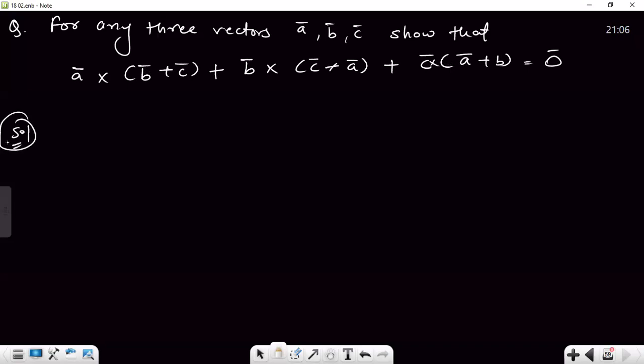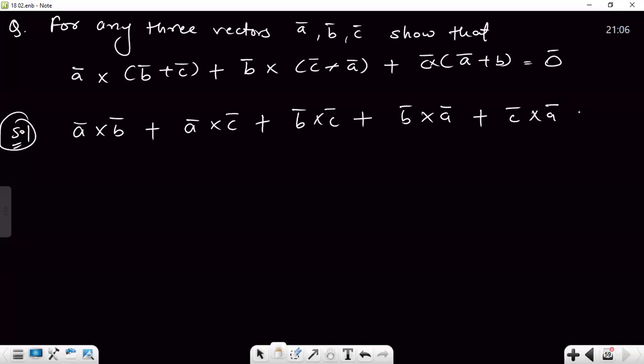We have to prove this. Okay. So we know distributive and associative property. We'll use it. A cross B plus A cross C plus B cross C plus B cross A plus C cross A plus C cross B is equal to 0. That's what we need to show.